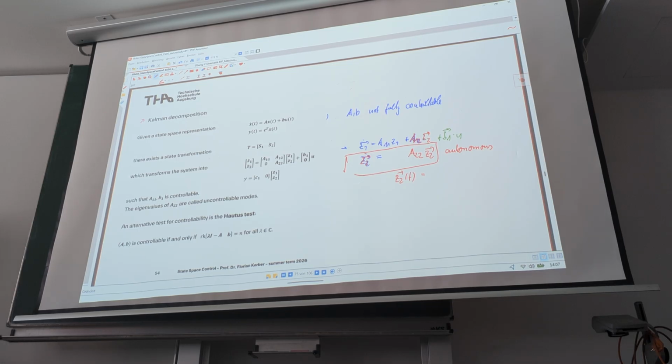According to our general formula, what's the solution for this part of the state space? It's autonomous, not affected by the input, so it's a simple dynamics. What do we obtain if we solve that? What's the solution for this part of the trajectories?